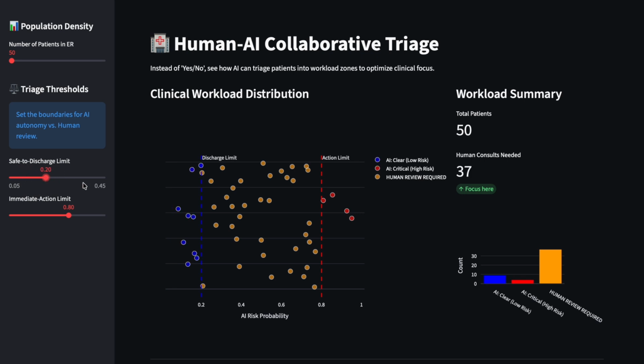We apply the same model but with a threshold 20%, and we say that these patients, so how many of them? 1, 2, 5, 9. These 9 patients can be discharged. So no risk for them. We know this based on our experience.